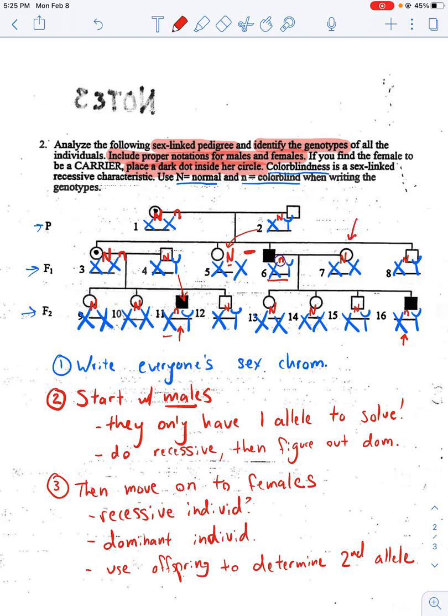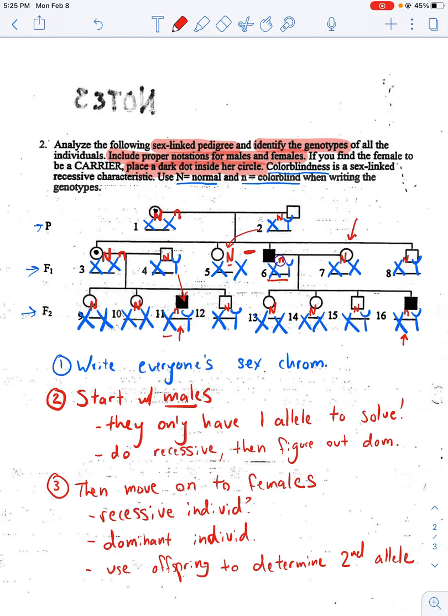Let's move on to number 7. Number 7's over here. This is the wife of number 6. Number 7 is not the daughter of 1 and 2. She's the wife of number 6. Number 6 and number 7 also have a son that's colorblind. This is interesting because students will often get tricked up in that they think that that color blindness gene was passed from father to son.